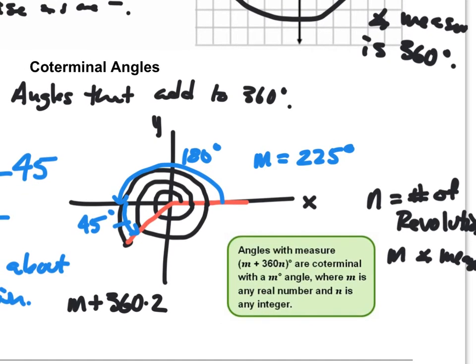Let me add that in: 225 plus 360 times 2. Let's plug that into the calculator real quick. So we get a total angle measure of 945 degrees.